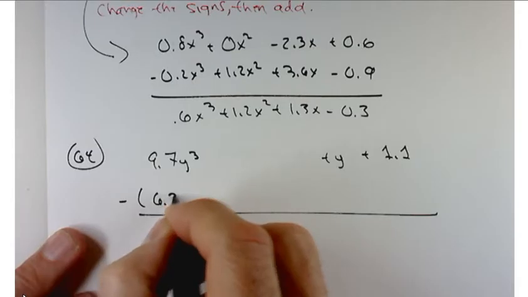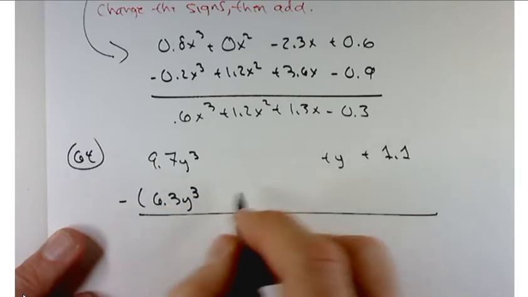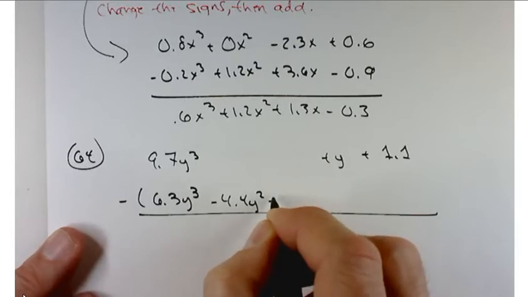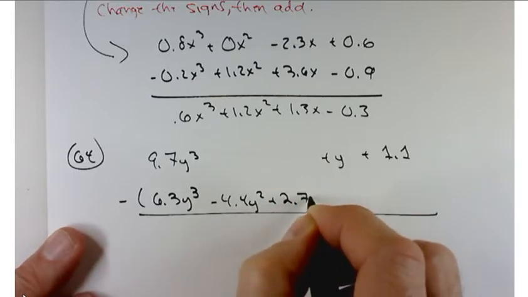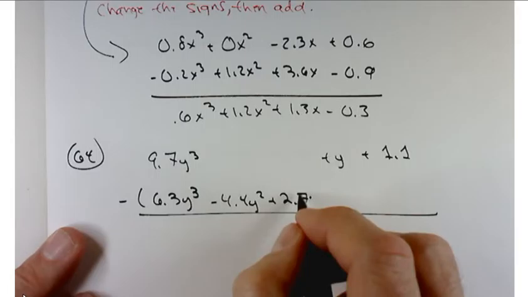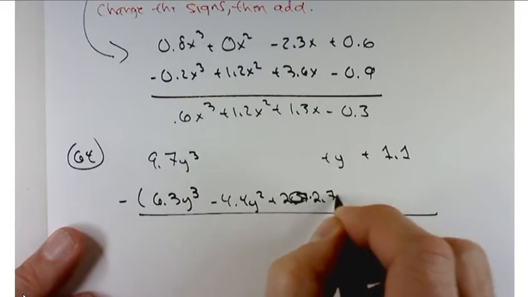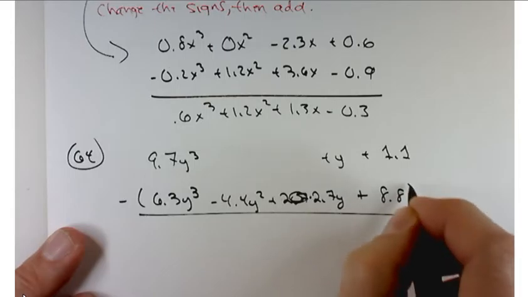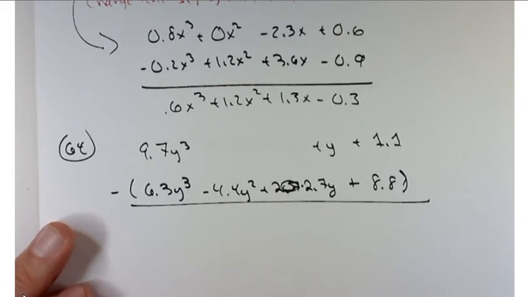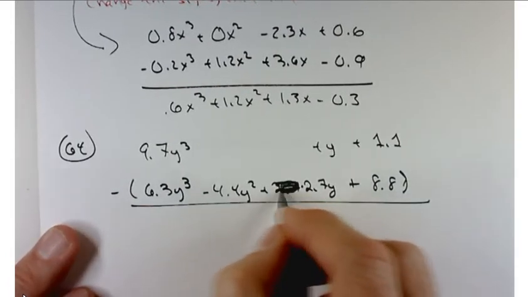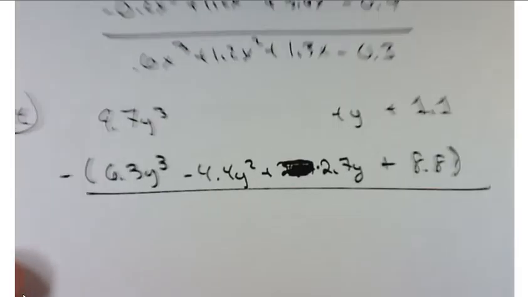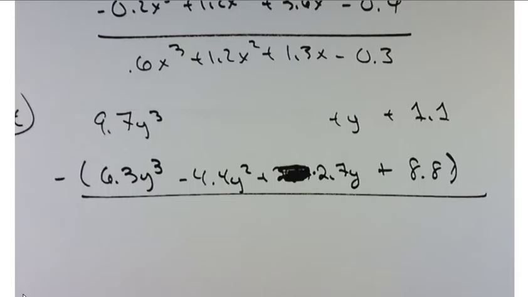Minus 6.3y cubed minus 4.4y squared plus 2.7y, oops, 2.7y plus 8.8. And that's just a little bit of a typo here. Yeah, it's up to you to distribute.